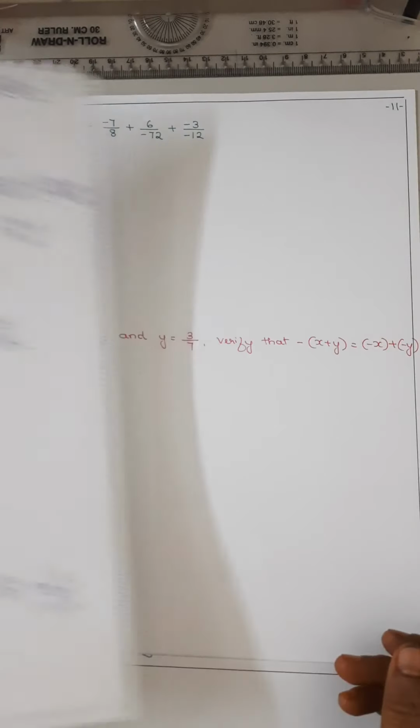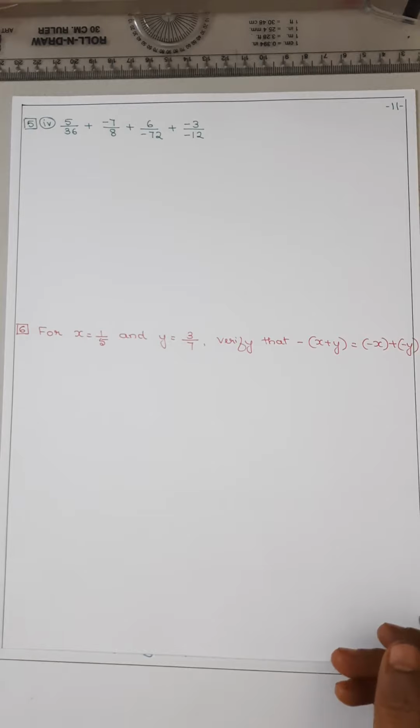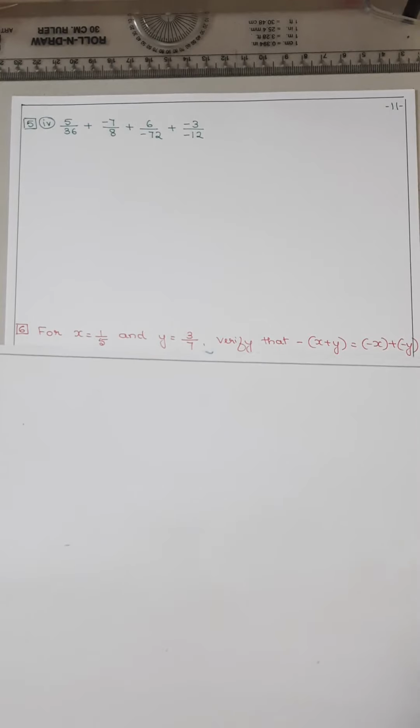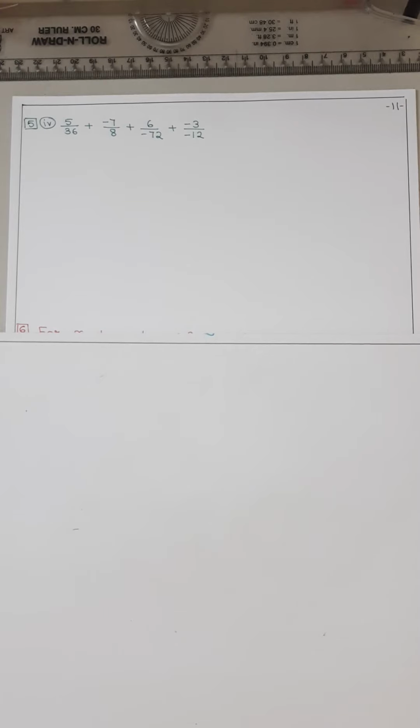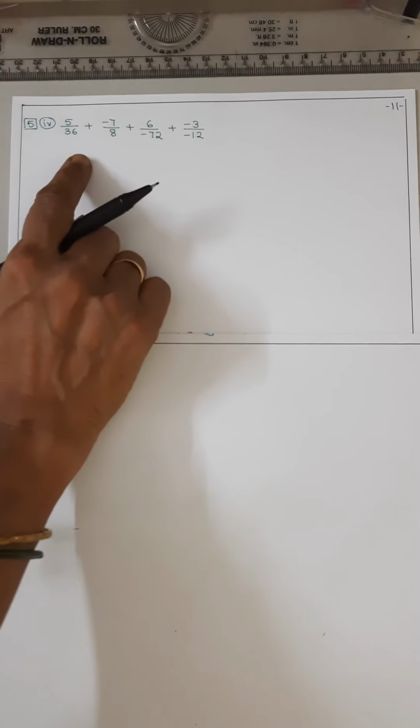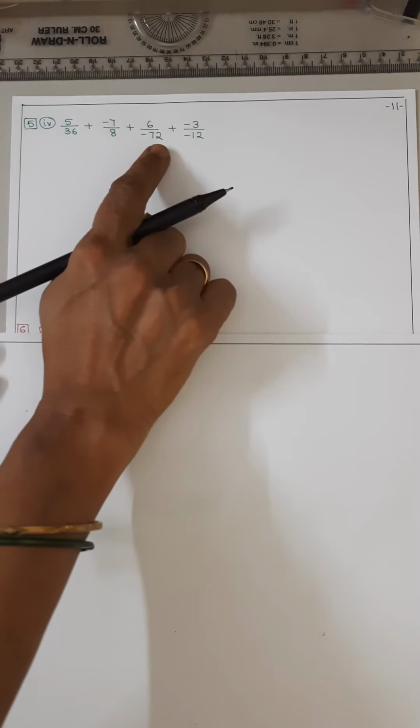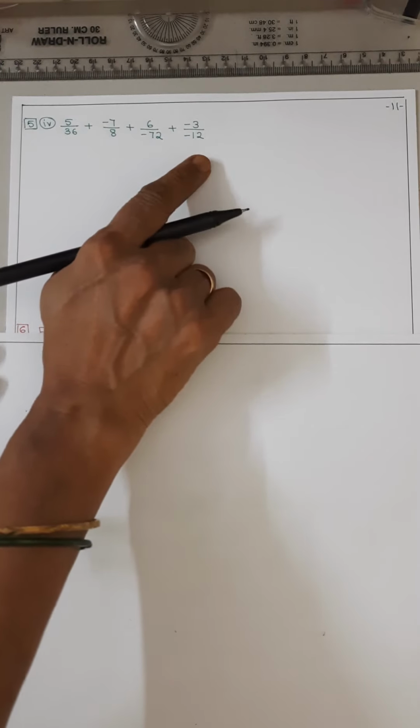Now coming to the fifth question, fourth sum, again simplify. Again 4 numbers with different denominators. So you can rearrange 36, 8, minus 72, minus 12.